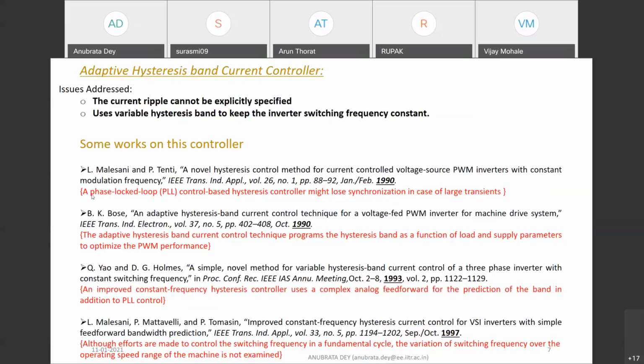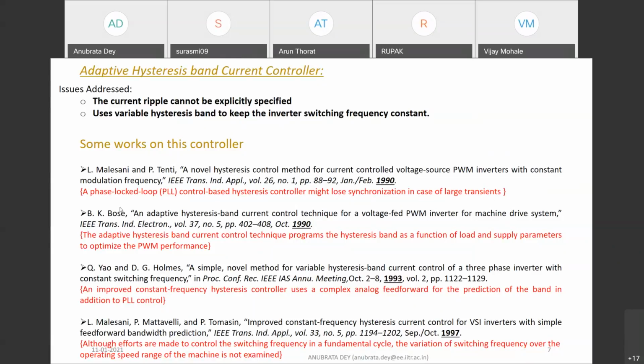Although they are trying to solve some of the issues, in the first paper there is a problem. Although they are trying to change the band, they have a phase lock loop control based hysteresis current controller that might lose synchronization in a large transient. So it might not work when some large transient comes. That time it may fail.